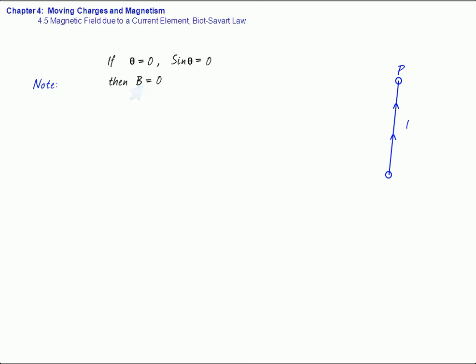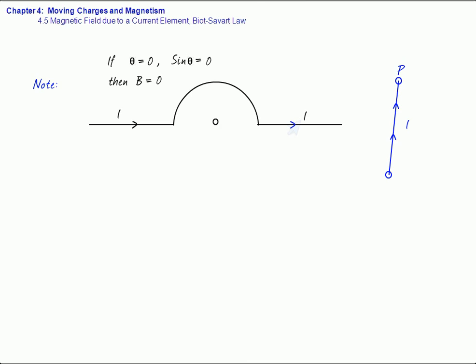For example, if you have a circular loop, semicircular loop, right? Magnetic field at the center due to the straight portions of current carrying conductor will be 0. Due to left hand side straight portion, magnetic field at point O will be 0, and due to this right side straight conductor, again magnetic field at point O will be 0.